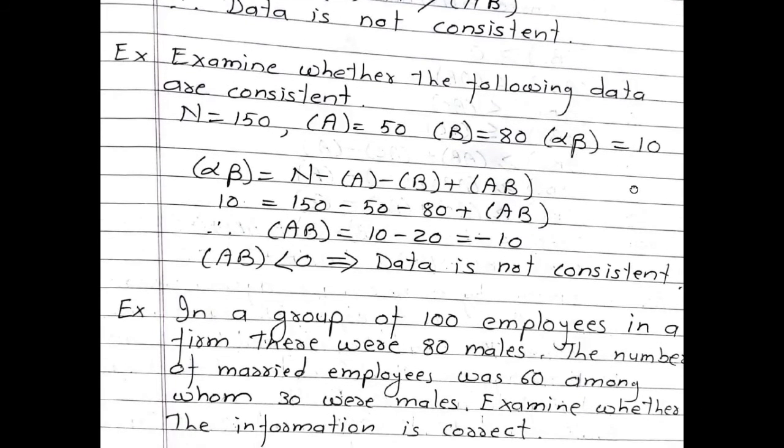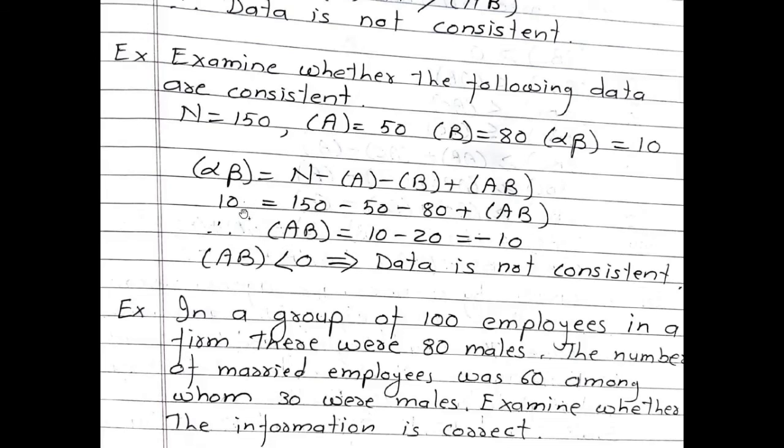See, when we have seen the conditions for consistency, all the conditions are related with frequency of AB. But frequency of AB is not given in the given data. So the first step is to get the frequency of AB by using the relation alpha beta is equal to N minus A minus B plus AB.